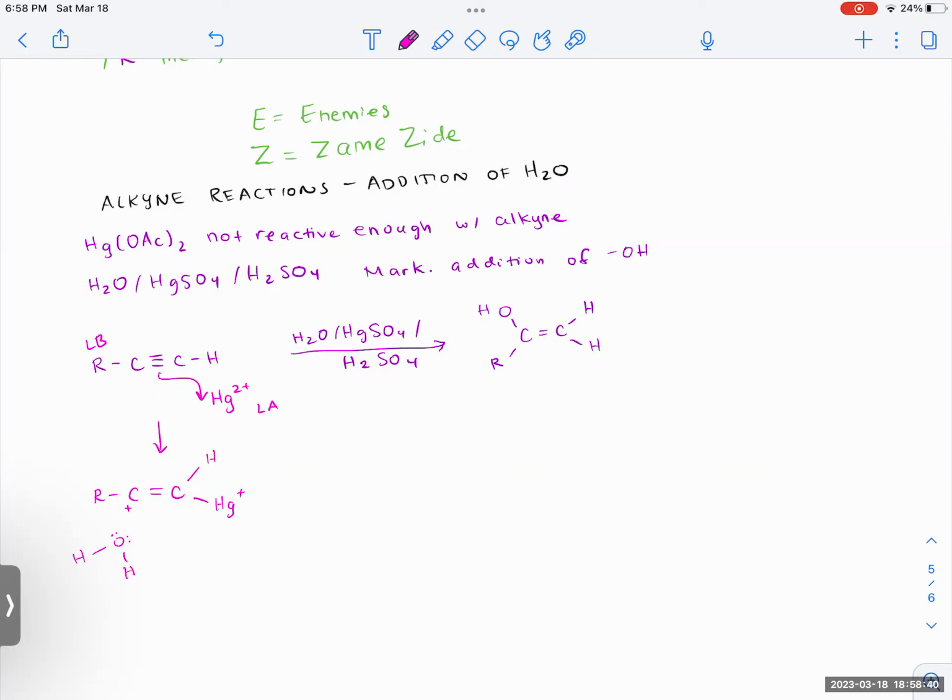Well, I'll do this one and then the other one, because I'm really not sure if you're supposed to know this whole mechanism or not, but let's do it. So Hg gets added first to the alkyne, right? The bond is going to grab hold of that. We're going to have a positive charge on that carbon. Water is going to come in. We always want to label our Lewis acids and our Lewis bases.